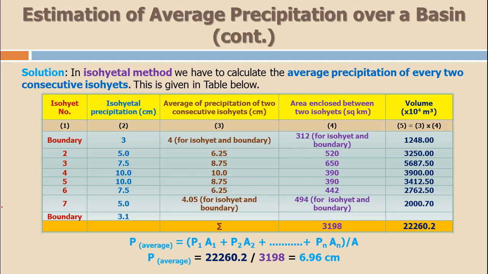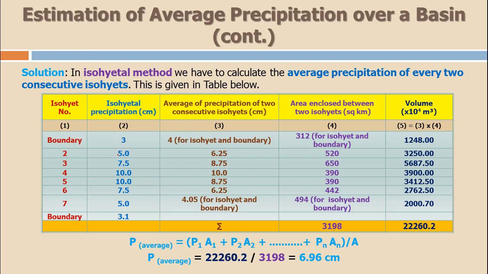So the starting boundary and the last boundary, and the values of these boundaries, are given in the notes. So this is 3 centimeter and at the end it is 3.1. Isohyets number 2, 3, 4, 5, 6 and 7 are included in this catchment. So the first column is the isohyet name, the second is isohyetal precipitation in centimeter, which is given, and the third is the average precipitation of 2 consecutive isohyets.